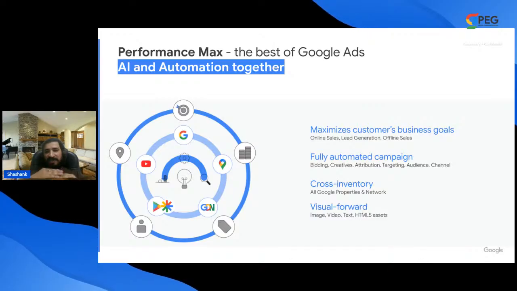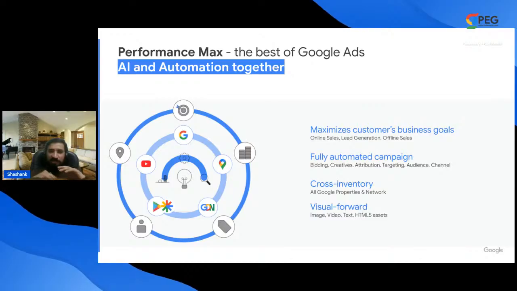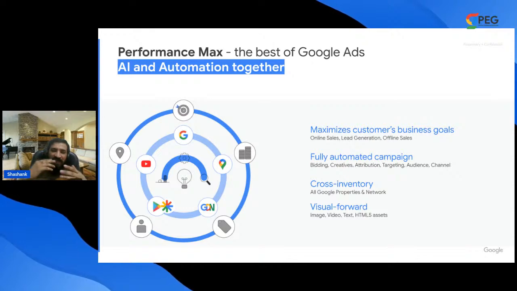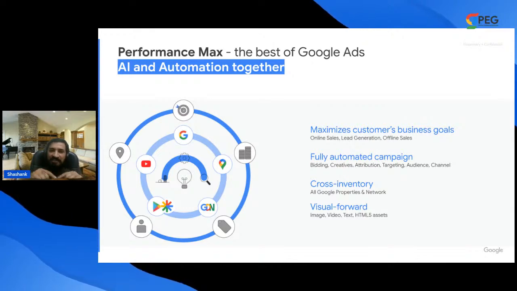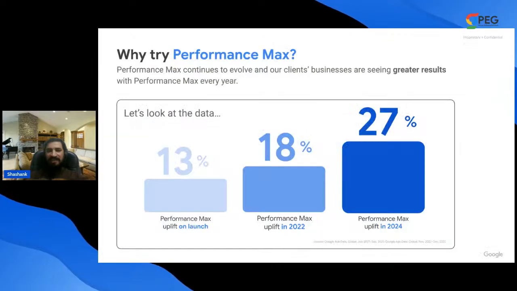In addition to it, you can upload text and HTML5 assets, and it will try to create a custom combination of the creatives that you've added to create the best possible ad that could be liked by most of your audience, and they end up clicking on it. And once you get that click, there's a high potential that the click might turn into a conversion over time or maybe there and then. So this is a visually forward campaign and tries to capture your market.